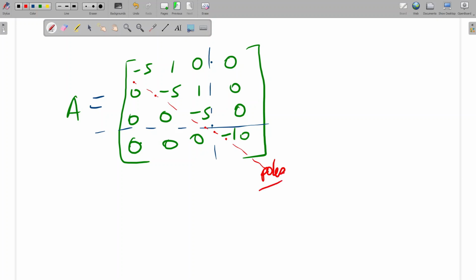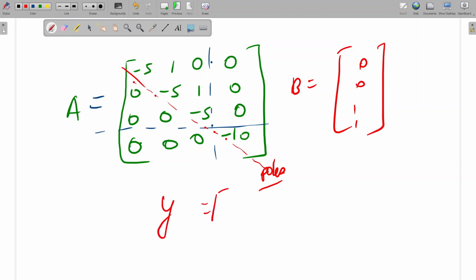If the system state equation is written in this form, then this represents the poles of the system, and B will be equal to 0, 0, 1, 1, and Y will be equal to some K1, K2, K3, K4. More detail I don't have, but this kind of matrix will be there.